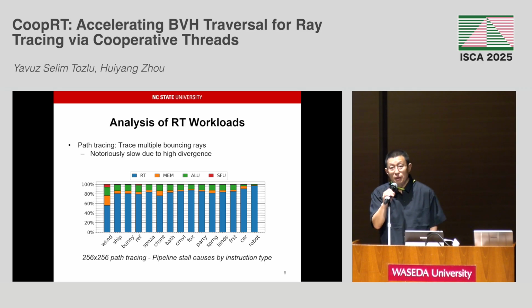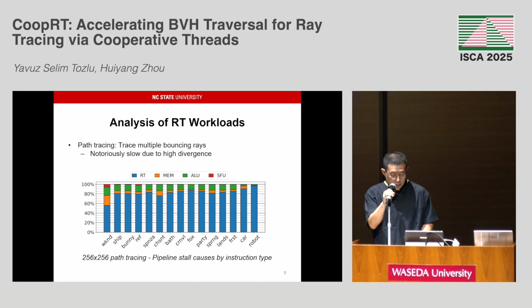The more bounces, typically the higher fidelity visuals you get. From this figure, we can see the distribution of the pipeline stalls: the majority of the stalls are actually caused by these ray tracing operations. I'll get into that in a little more detail.